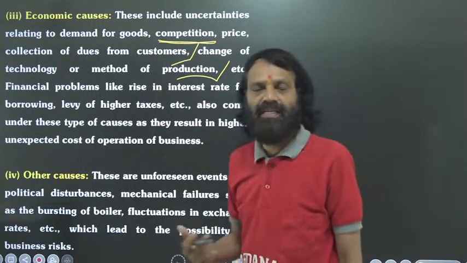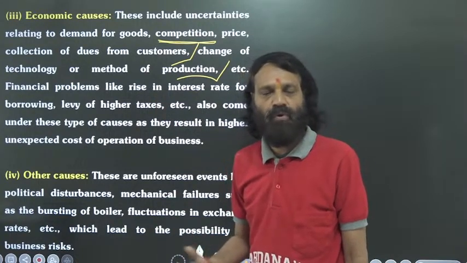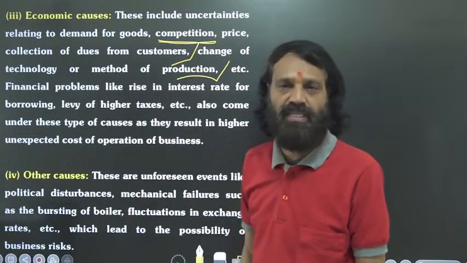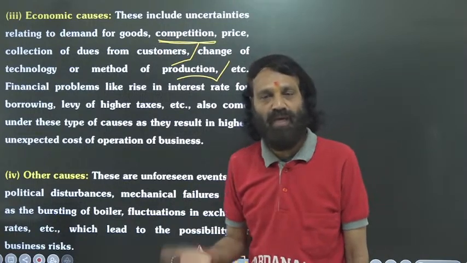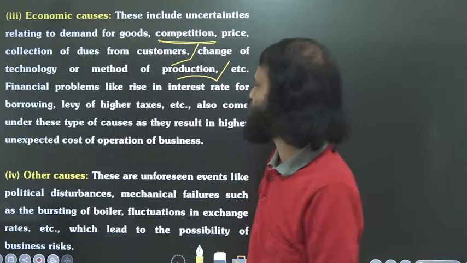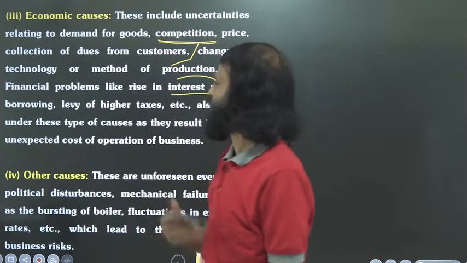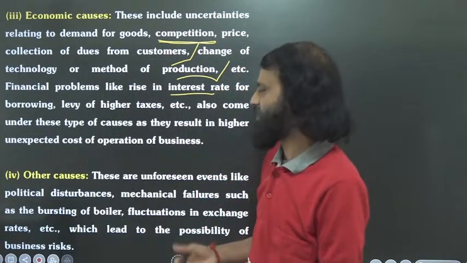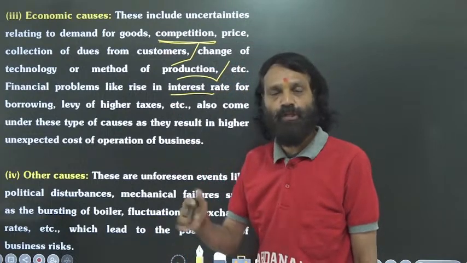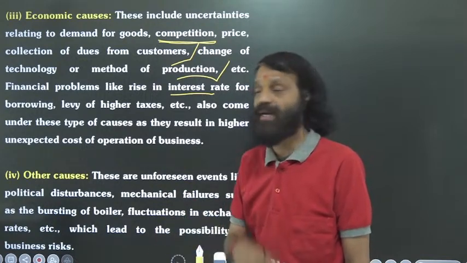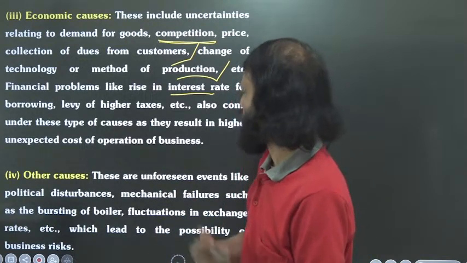Of course, industries borrow money from various financial institutions like private parties, banks and others. If the interest rate goes up, then they need to find more money to repay the borrowings.